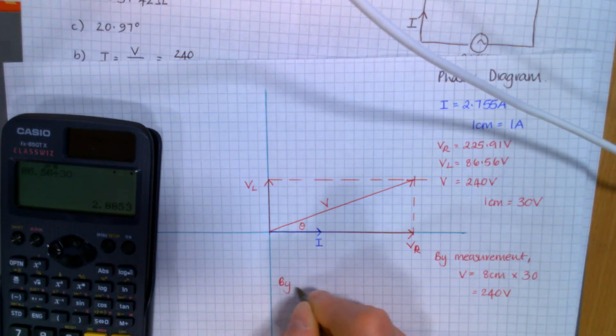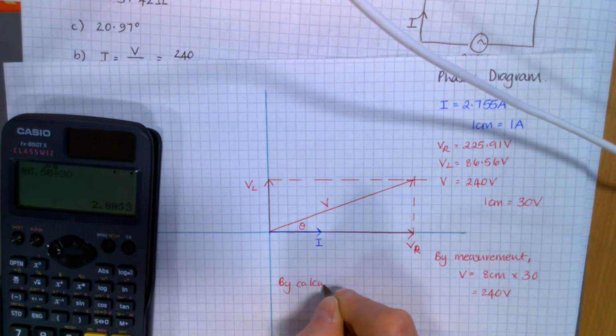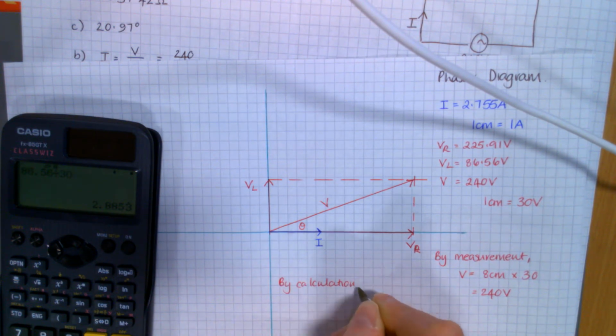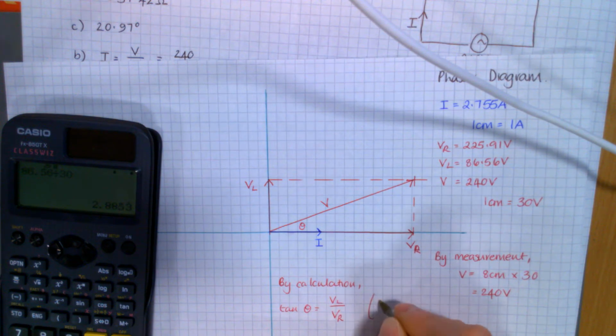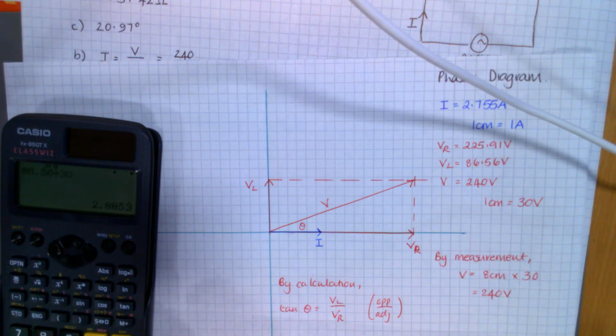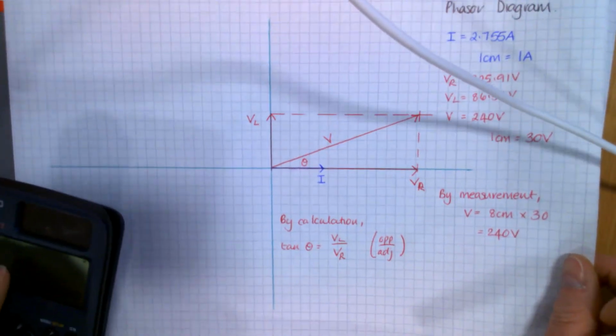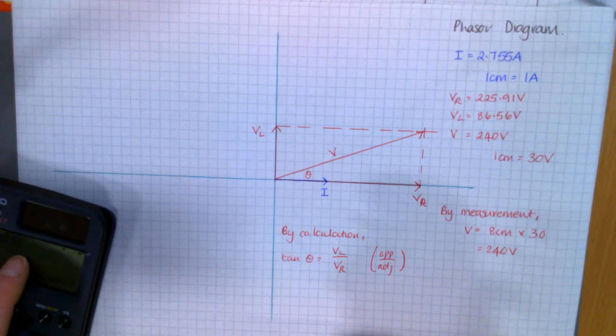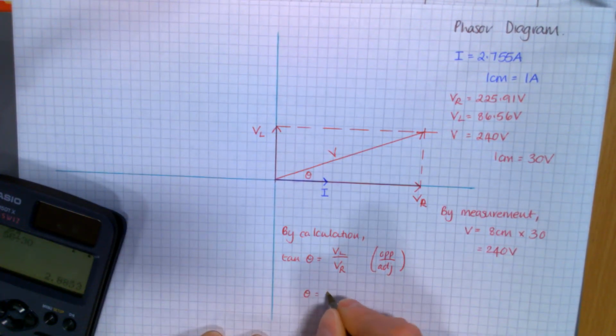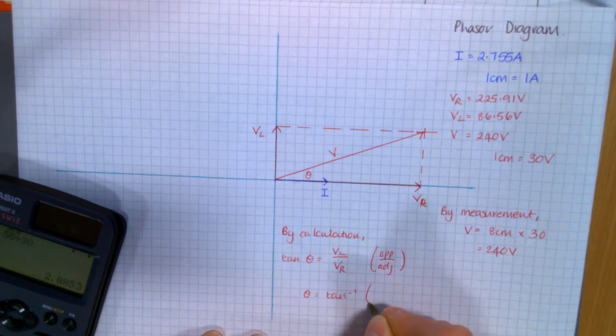So we'll do by calculation the circuit phase angle. And we'll use tan again. Opposite's your VL. Adjacent's your VR. So to get the angle, you do the inverse tan.